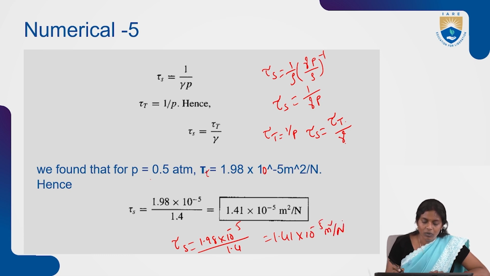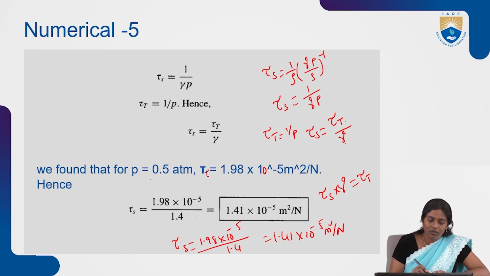If you see what it is there, tau s is small when compared to tau T by gamma times. So tau s equals tau T by gamma, which means tau s is smaller than tau T by gamma times.